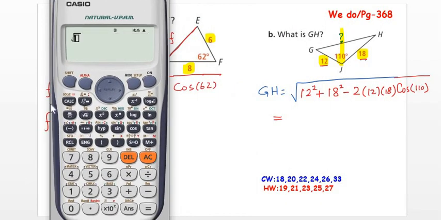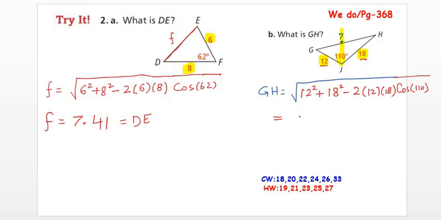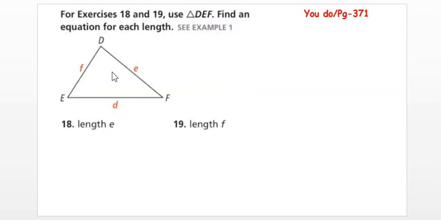It's going to be square root 12 squared plus 18 squared minus 2 times 12, and then we have 18, and then we have cos 110, and then close the bracket and see what is the answer. It's 24.8. So the answer, let me write it here for you, it's 24.8. Clear?